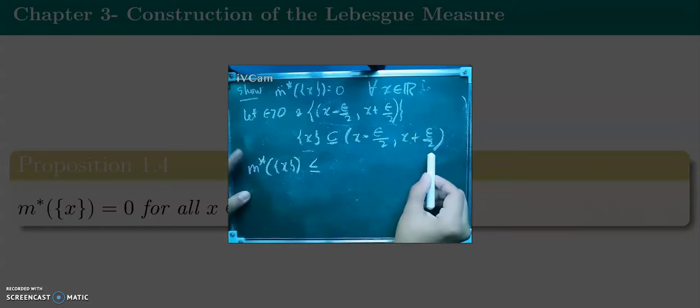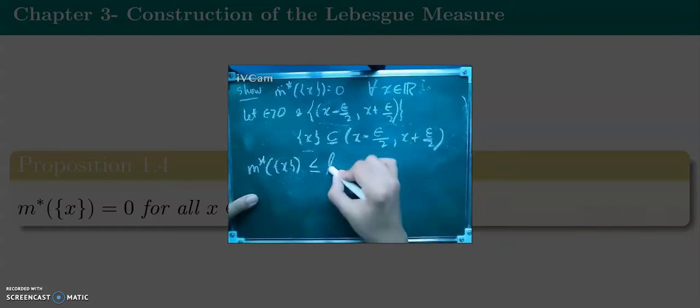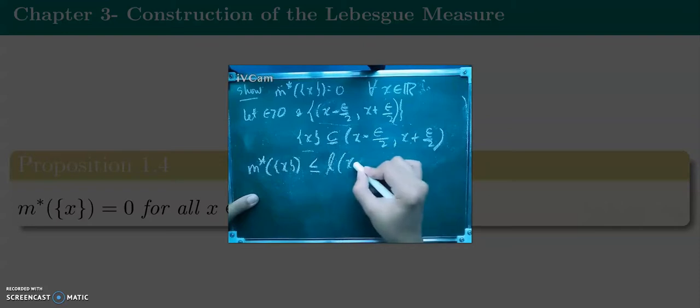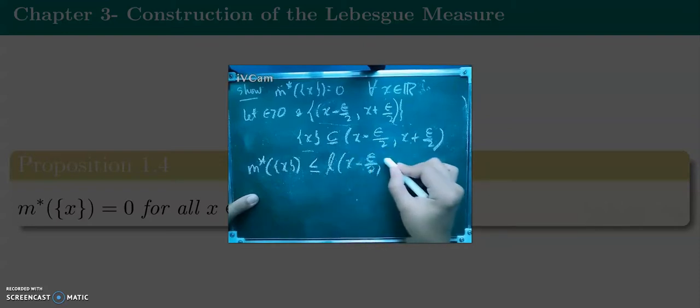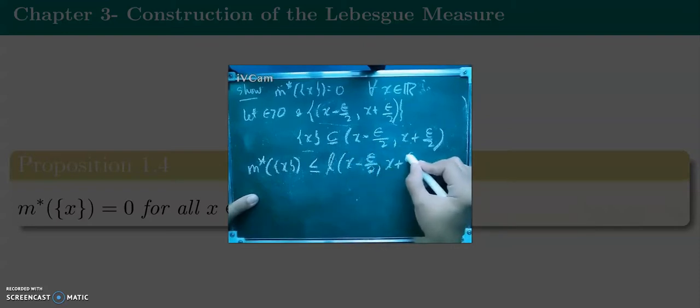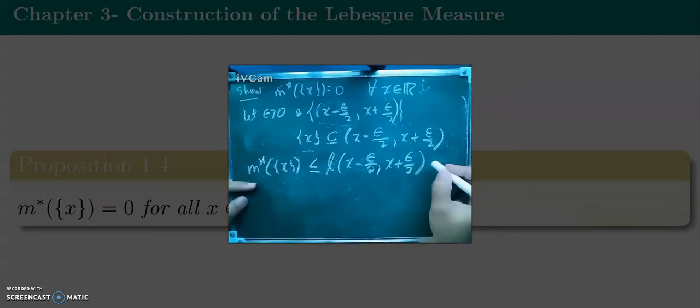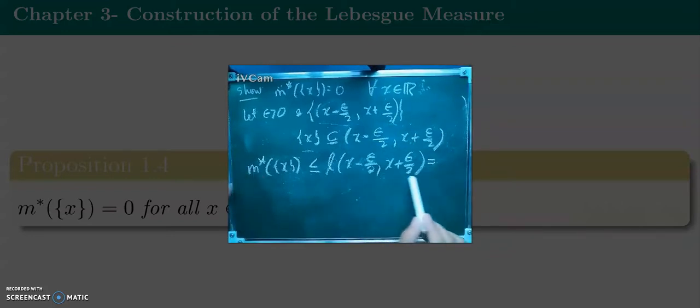We only have one interval, so we can just get the length of this interval, x plus epsilon over 2 minus the quantity x minus epsilon over 2. And we all know that this is equal to epsilon. Why? Because we're going to subtract this one.